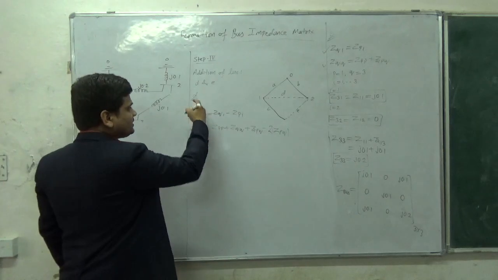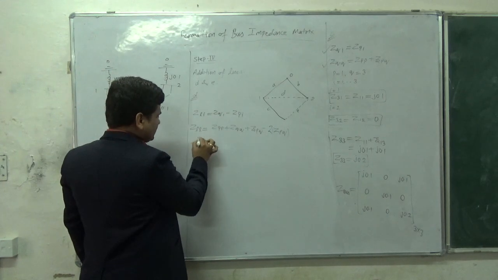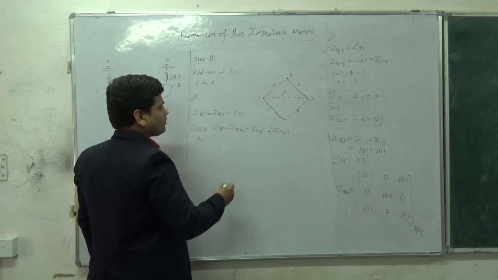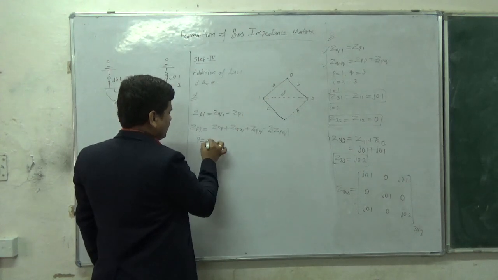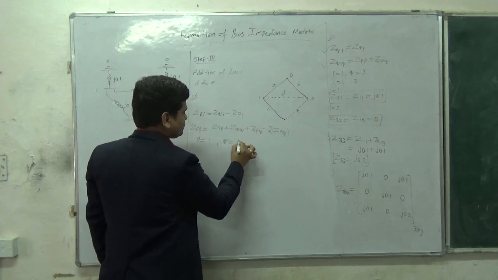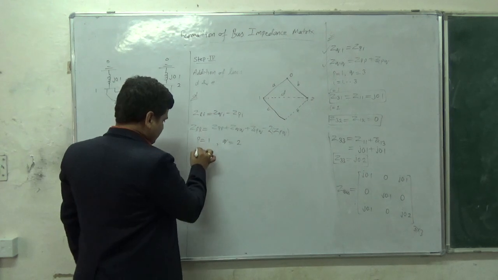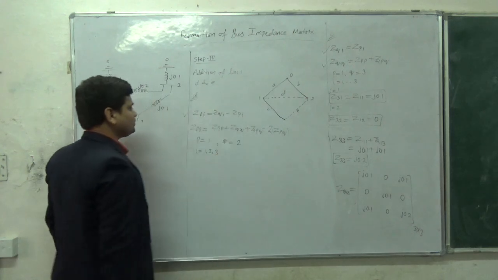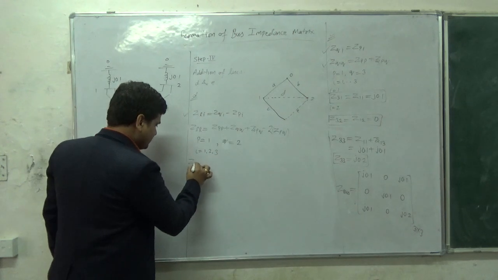Now for this case D, P is 1 and Q is 2. I is equal to 1, 2, 3. Now use this formula to calculate ZL.